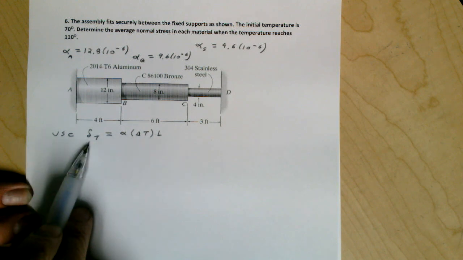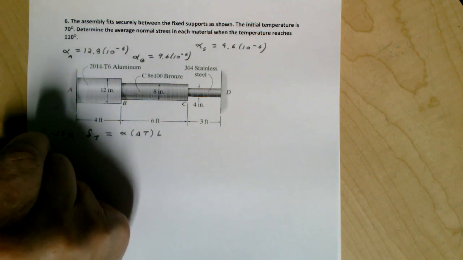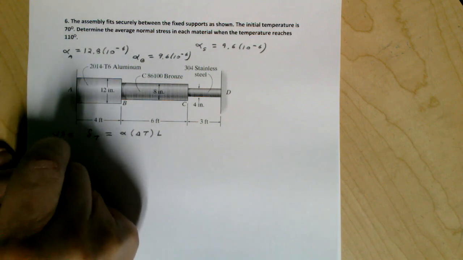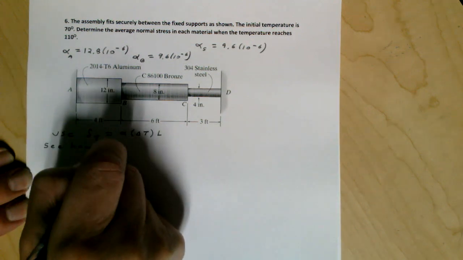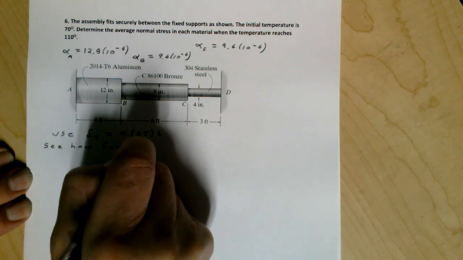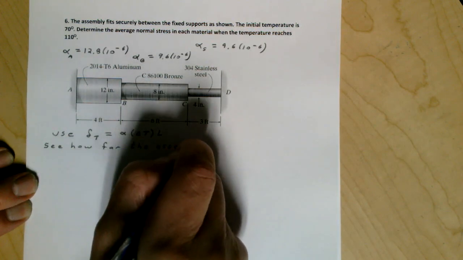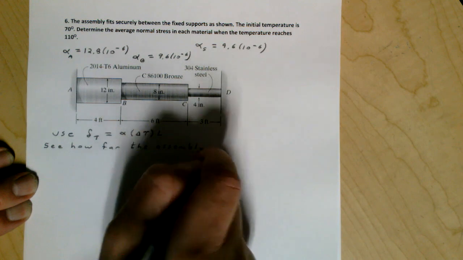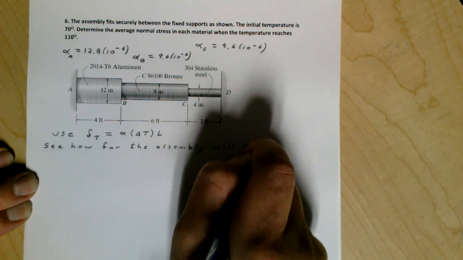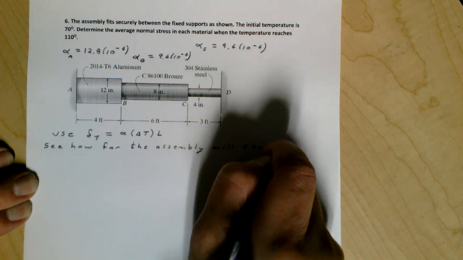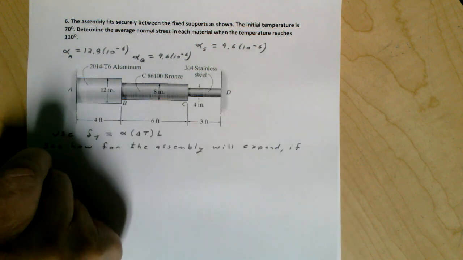And so first of all, just like we did previously, see how far the assembly will expand if there's no wall.